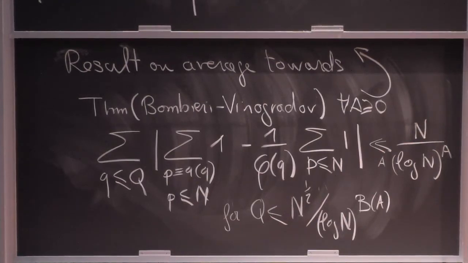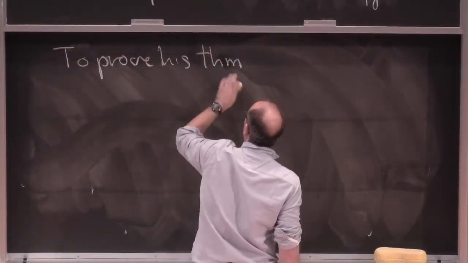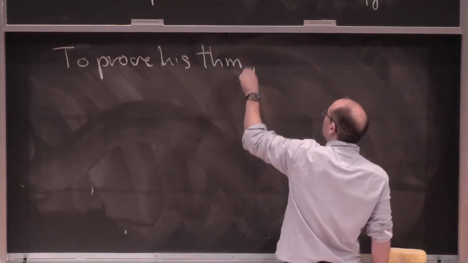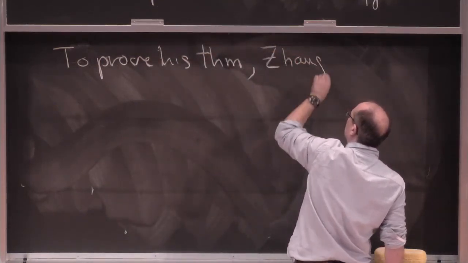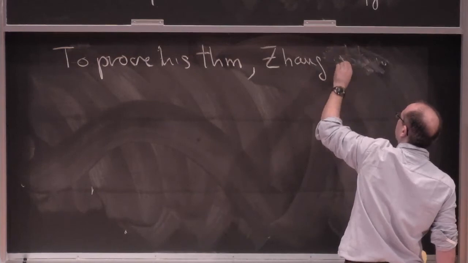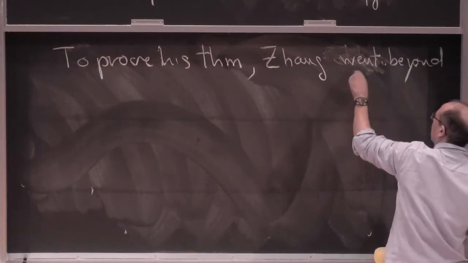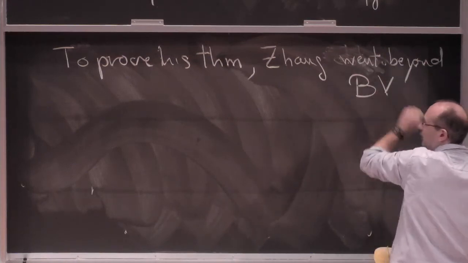What I want to say is that to prove his theorem on gaps between primes, Zhang went beyond this Bombieri-Vinogradov theorem.